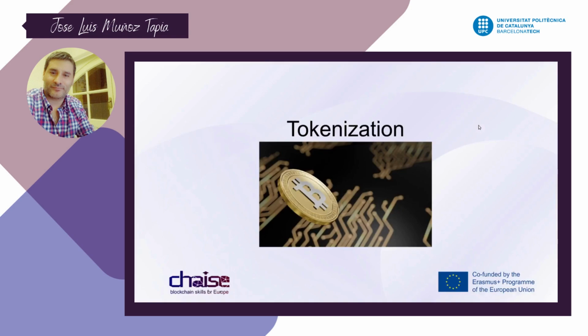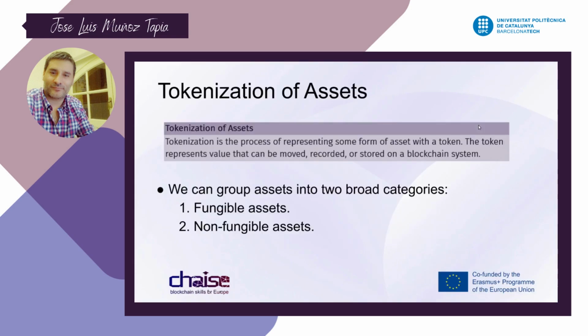So let's start with tokenization. Tokenization is the process of representing some asset with a value in the blockchain that we call a token. A smart contract helps us with this task and allows us to list and change the owner of a token, and so on.